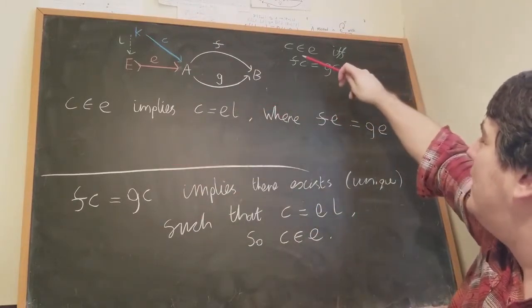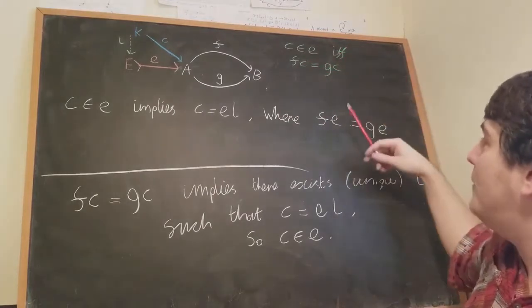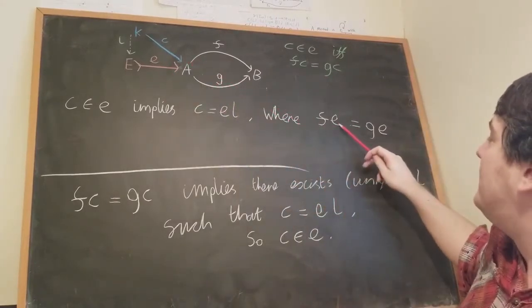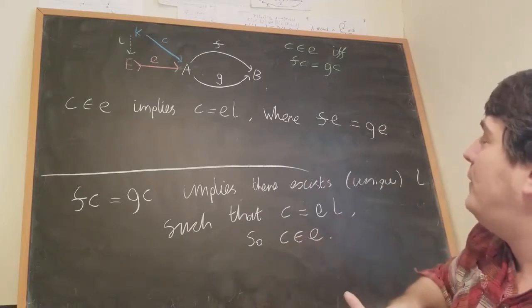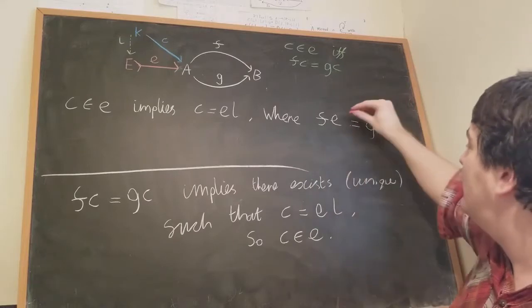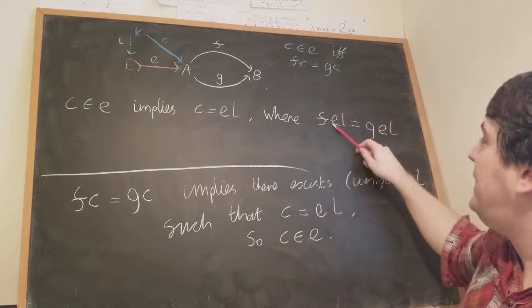We want to show that f after c equals g after c. Well, we do know, because e's an equalizer, we know f after e is equal to g after e. So why don't we compose on the right with an l? And what's e after l?